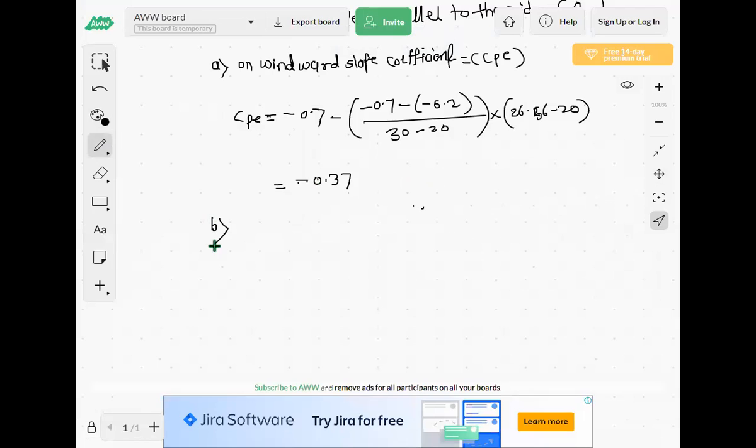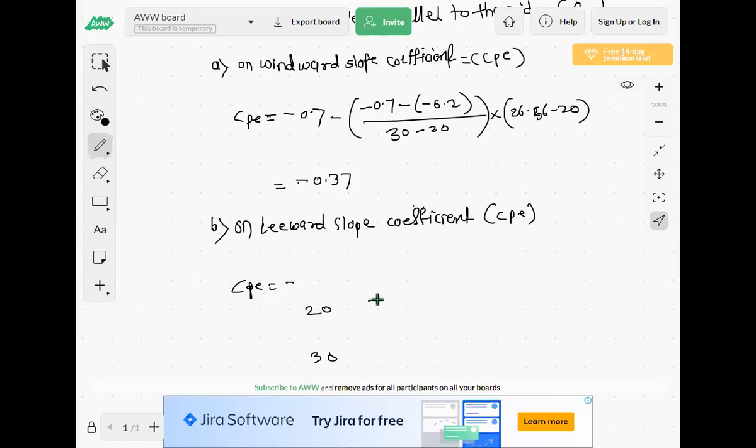Similarly, now on leeward slope coefficient, CP. So CP for leeward is again, now this will be, because for 20-degree and for 30-degree values are minus 0.5 and minus 0.5.